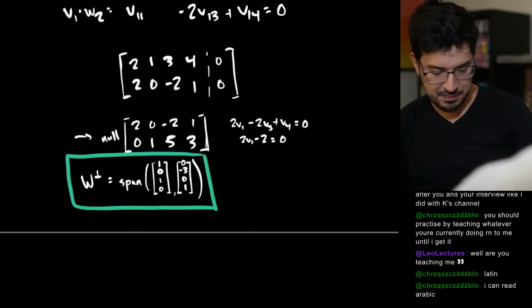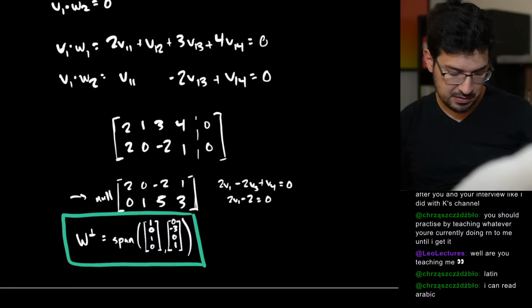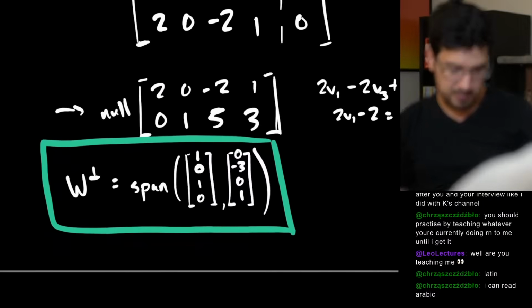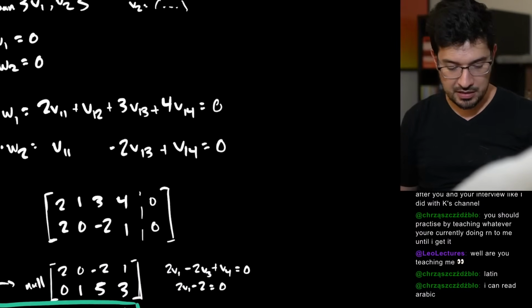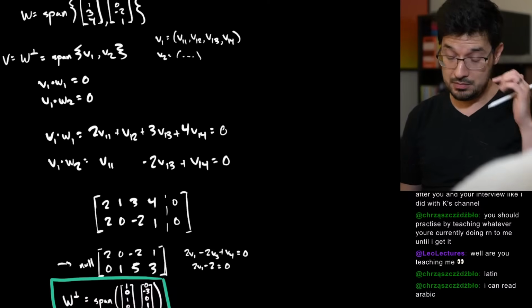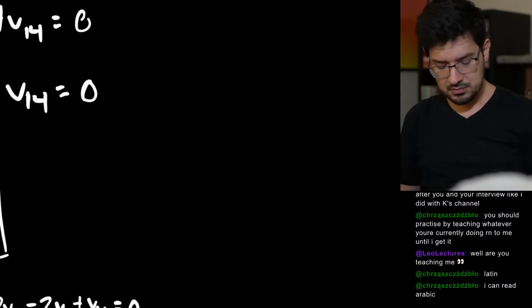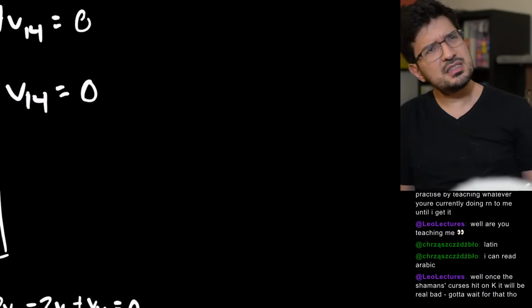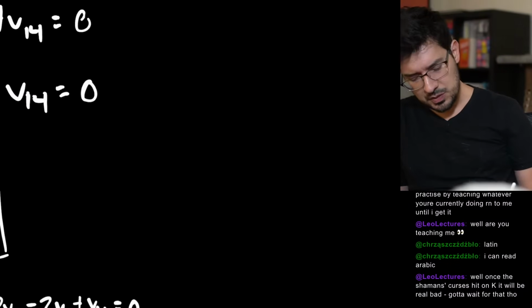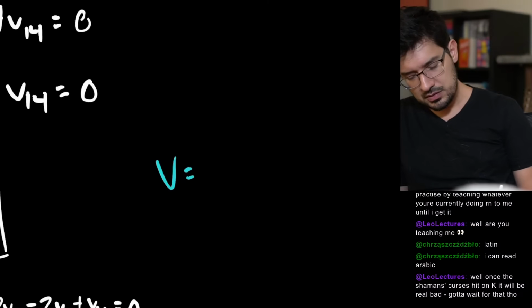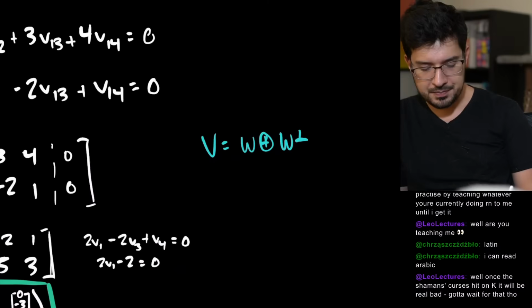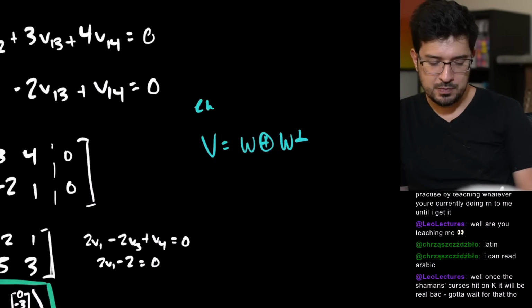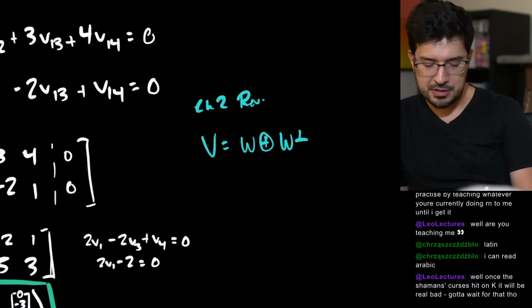That's really embarrassing. Okay, well, I'm pretty confident that we got W perp now. Funny enough, the next exercise in my representation theory book is related to this orthogonal direct sum decomposition in chapter 2, review of linear algebra.